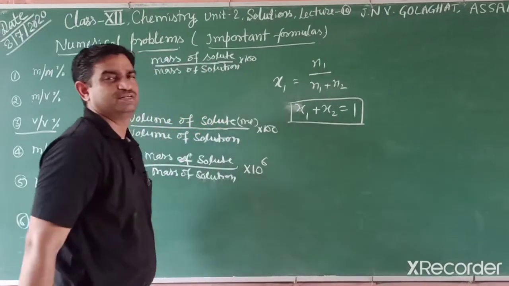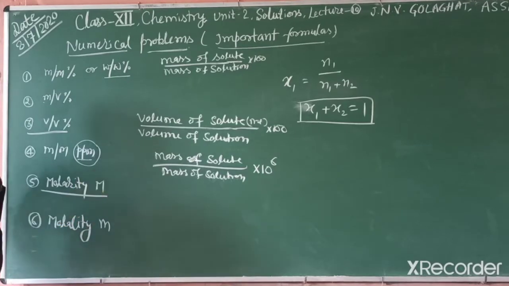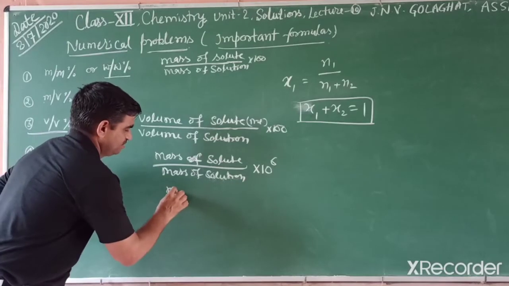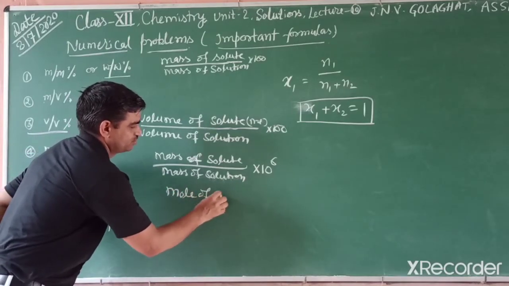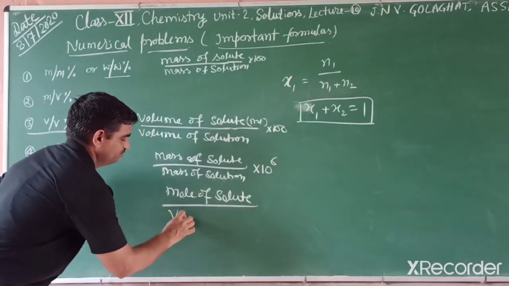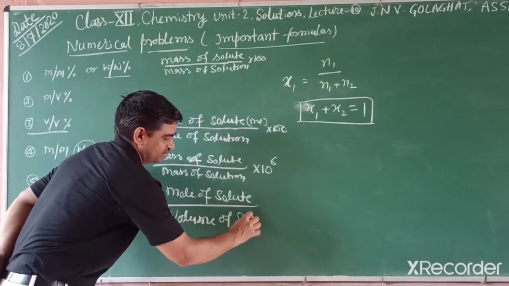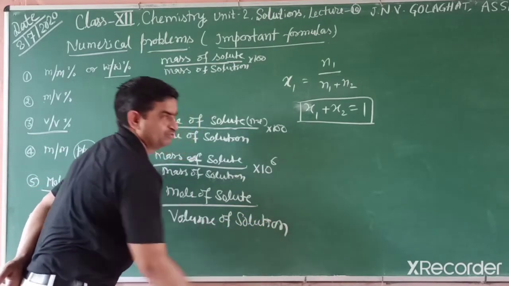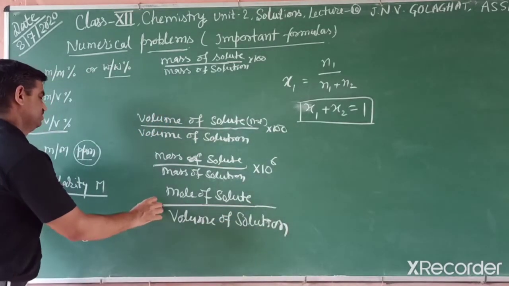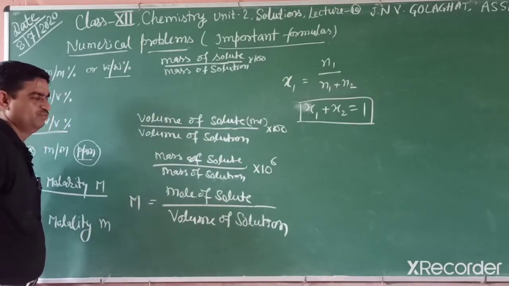We already studied this one. That is mole fraction. Another parameter is molarity. That is denoted by capital M. It means mole per liter. You can say mole of solute divided by volume of solution.